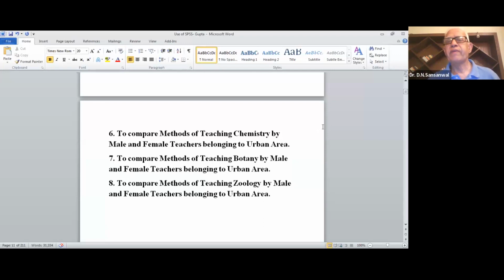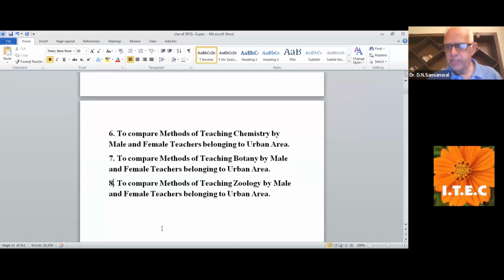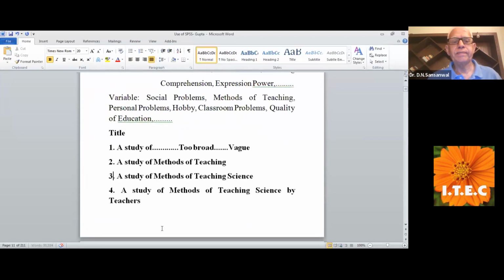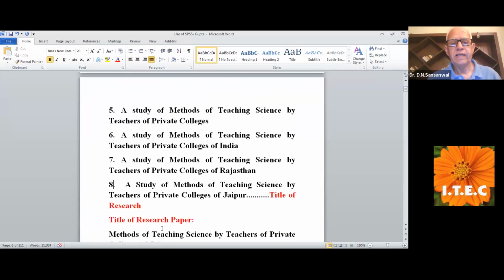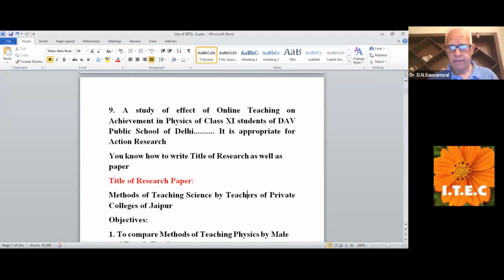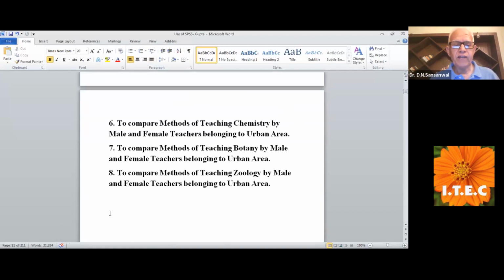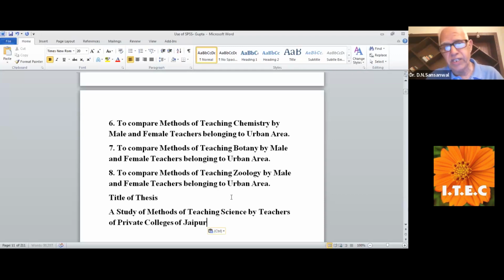Now, if you have the title of the research, which is qualitative in nature, if this is your title of the thesis, you can write the same objectives.